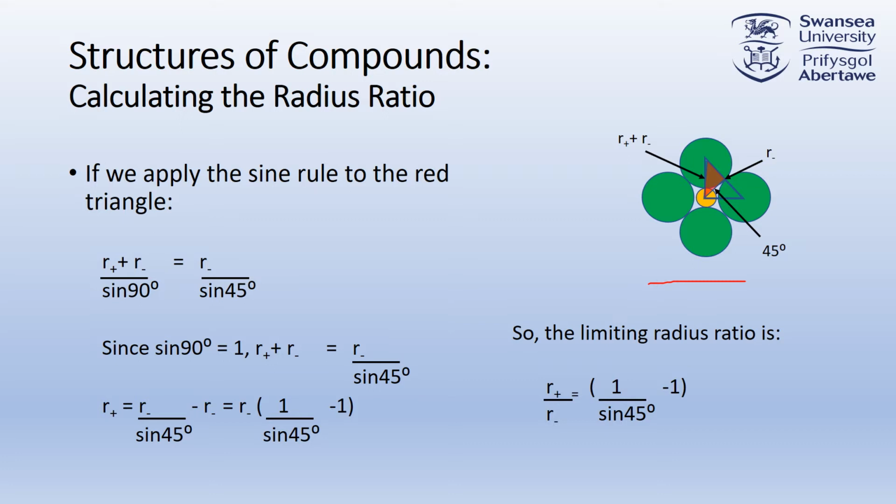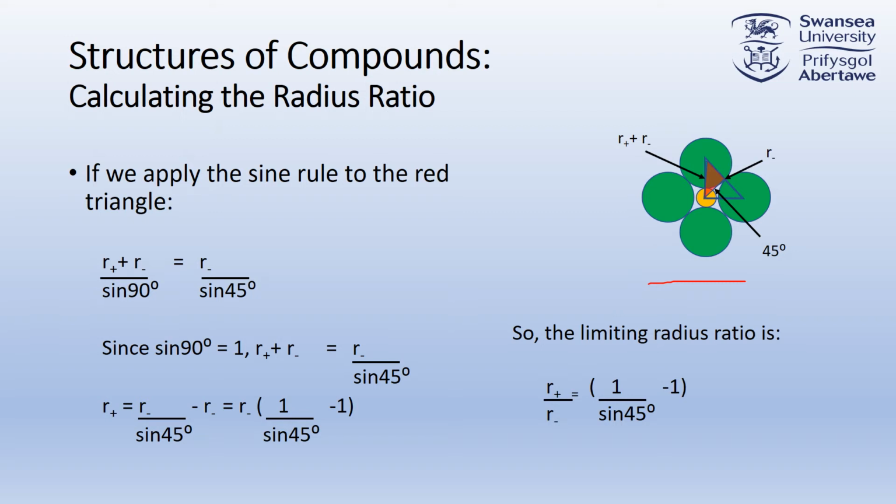We can apply this to this situation. For our bigger triangle, we have the sum of our anion and cation radius over sine 90, and that equals the radius of our anion over sine 45, the smaller triangle. Since sine 90 equals 1, the sum of our radii equals the radius of our anion over sine 45. You're following that?